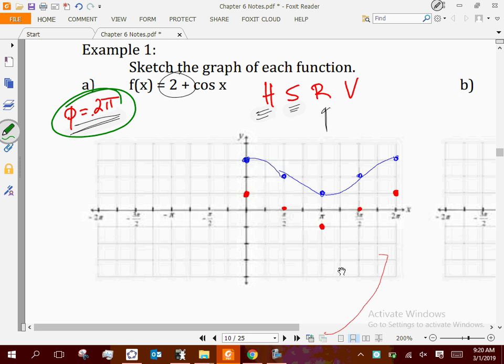Does that make sense? So if I take this point here and subtract 2 pi from the x-coordinate, doesn't that point go right there? Take that x-coordinate and subtract 2 pi from it. That point is going to go to negative 3 pi over 2. Take this one and subtract 2 pi from it, so you go to negative pi. And keep doing that with the other points.